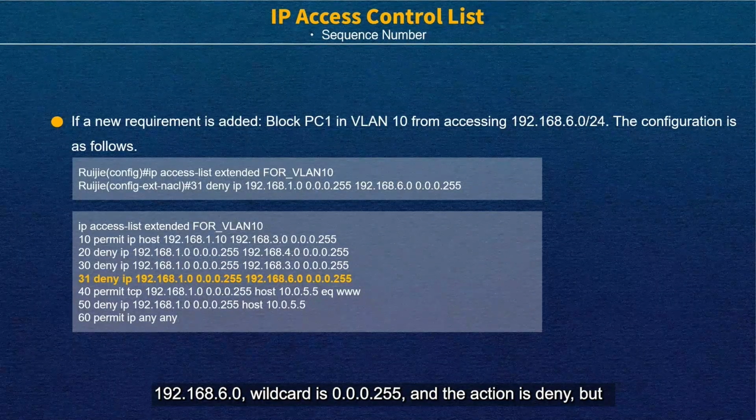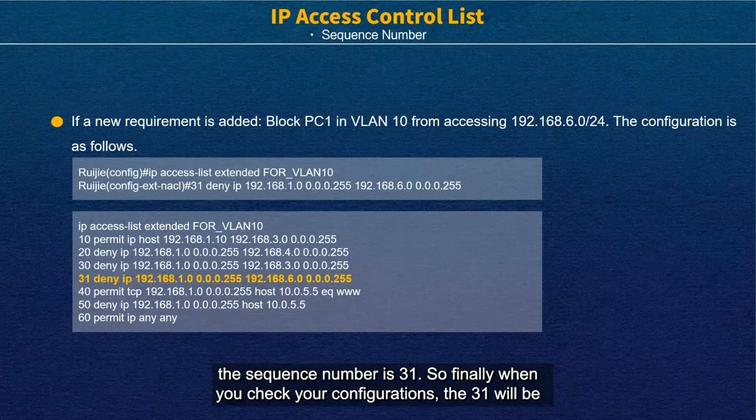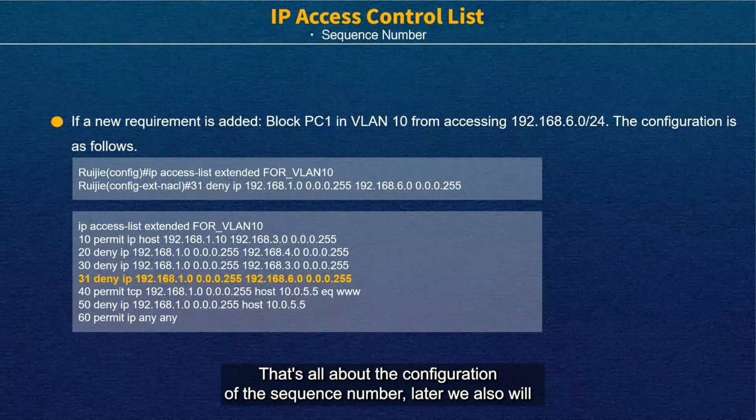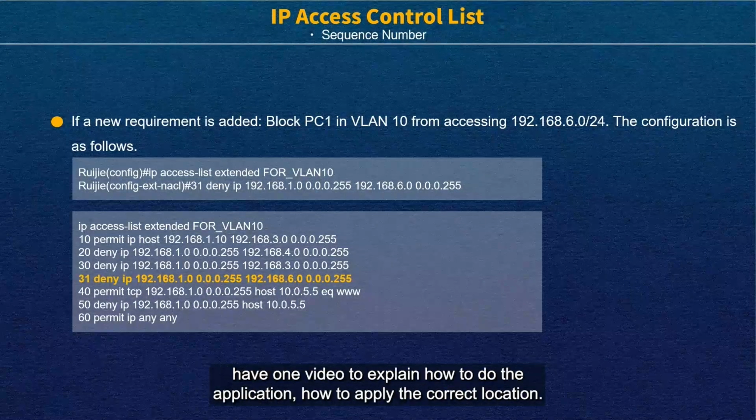The action is deny, but the sequence number is 31. So finally, when you check your configuration, the 31 will be added after the 30 but before 40. So this sequence number is very important. And that's all about the basic configuration of the sequence number. Later, we will also have one video to explain how to apply the ACL and choose the correct location.